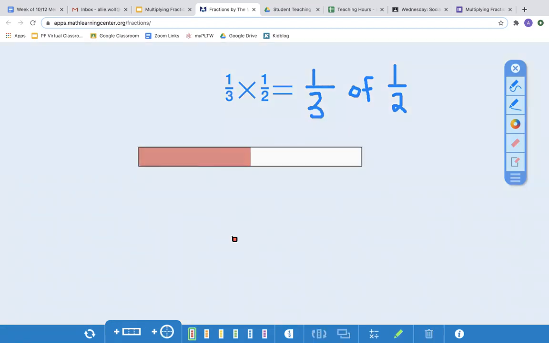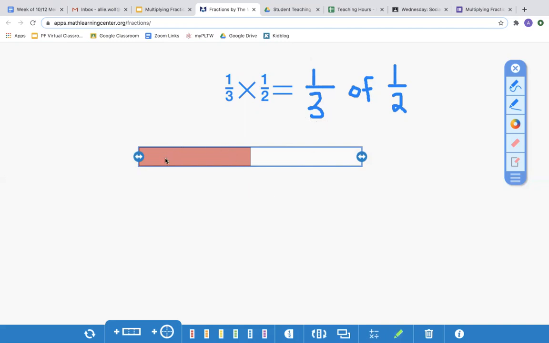So I am going to fill one side with these colors down here. If you click on them, you can fill different things in. So this represents my 1/2. And now we want to figure out how many parts of that 1/2 are we trying to find. So we look at this 1/3 and we see that the denominator is 3.